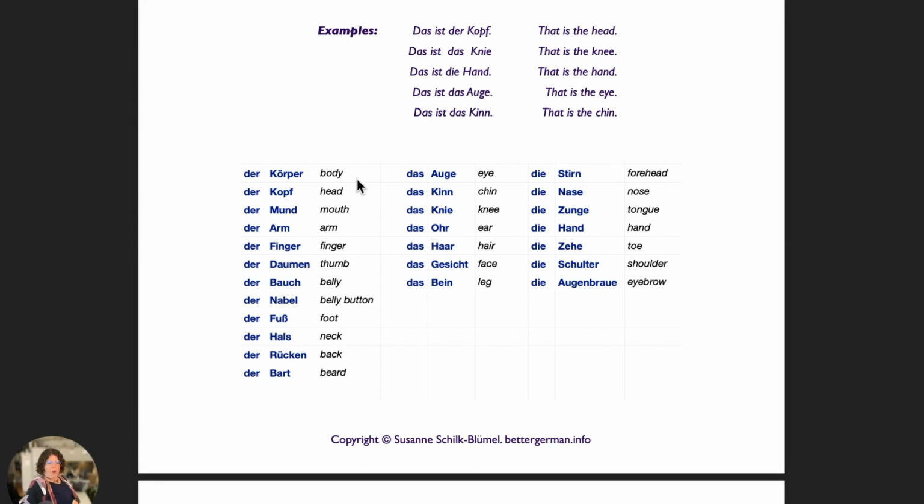Das ist der Bauch. Das ist der Nabel. Das ist der Fuß. I'm not going to show you my foot right now. Das ist der Hals. Das ist der Rücken.